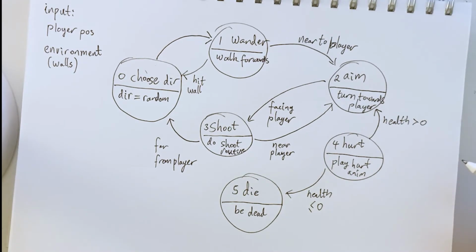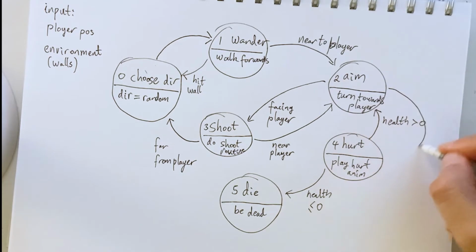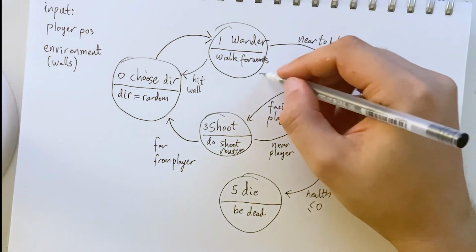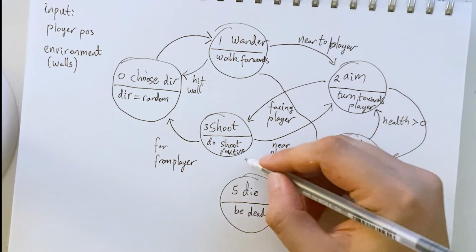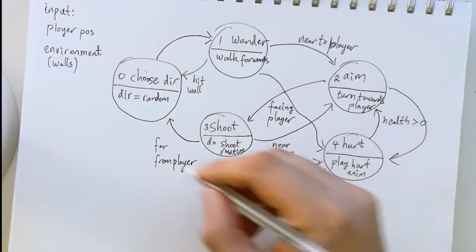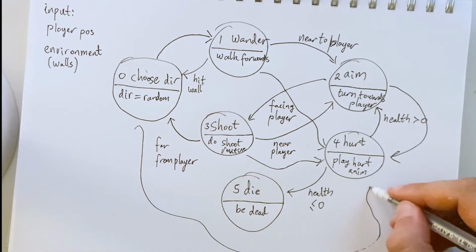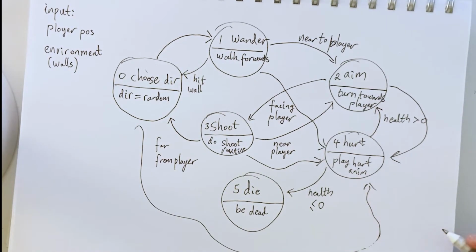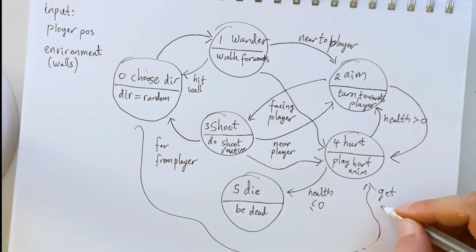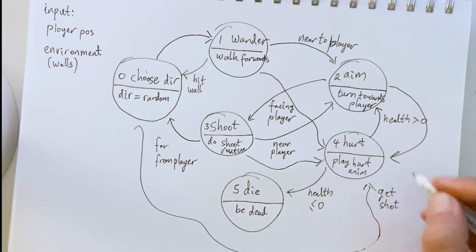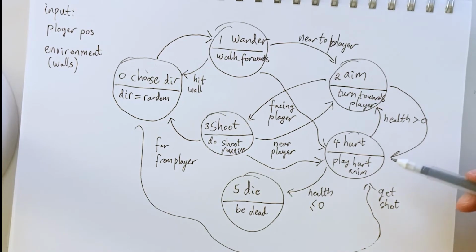Right, and of course, any transition, this is going to mess up my diagram, right? But any case where we get shot, then we go immediately to this state. Okay, and clearly all of these are if we got shot. It's for all those arrows there. Now, how we determine that is up to us.